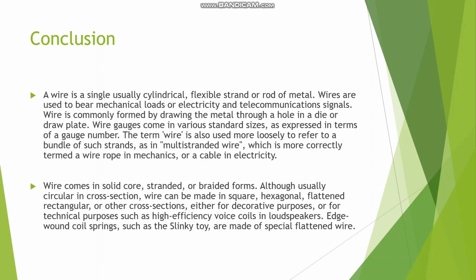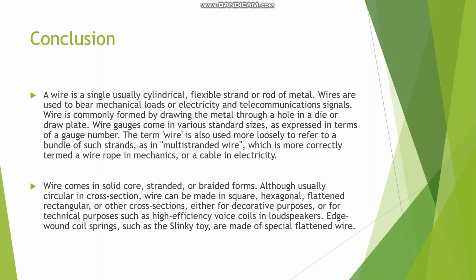Wire is commonly formed by drawing the metal through a hole in a die or draw plate. Wire gauges come in various standard sizes, as expressed in terms of gauge number. The term wire is also used more loosely to refer to a bundle of such strands, as in multi-strand wire, which is more correctly termed a wire rope in mechanics or cable in electricity.